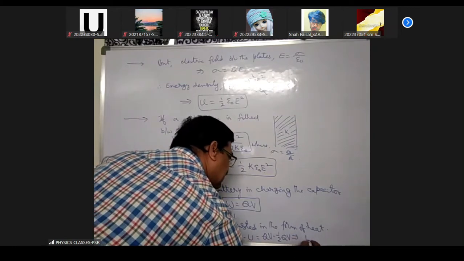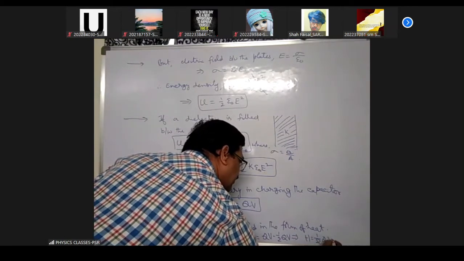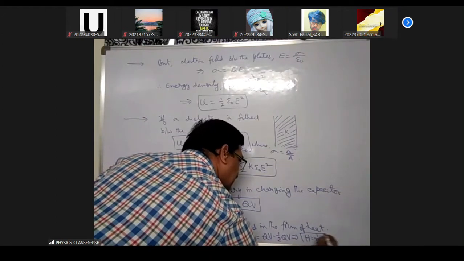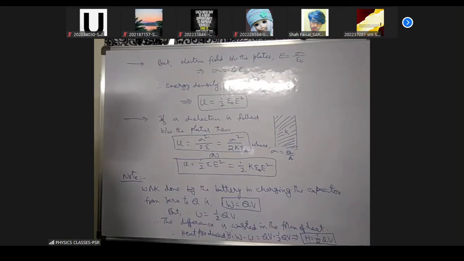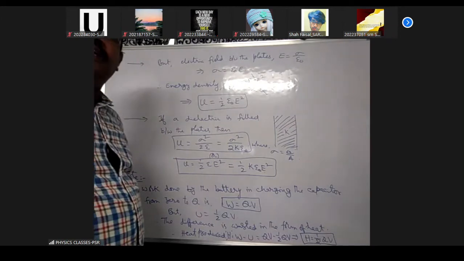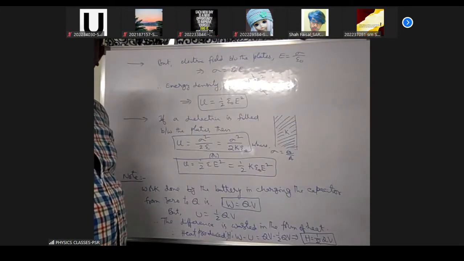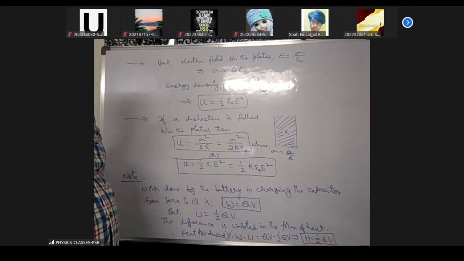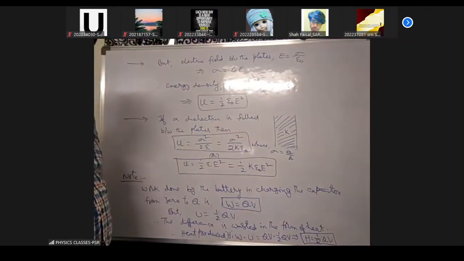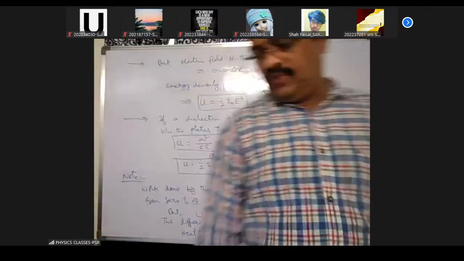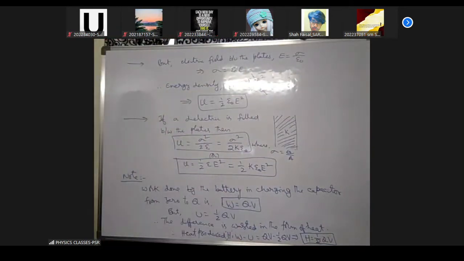This implies heat produced is equal to half QV. So the heat produced is equal to the energy stored in the capacitor. Half of the work done is stored as potential energy, and the remaining half is wasted in the form of heat energy. Is it clear? Yes, sir. Okay, very good. This formula is very, very important.